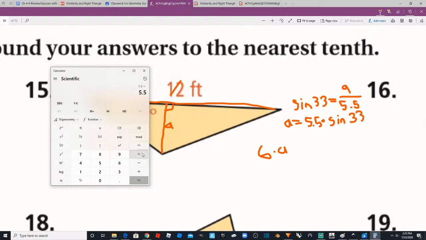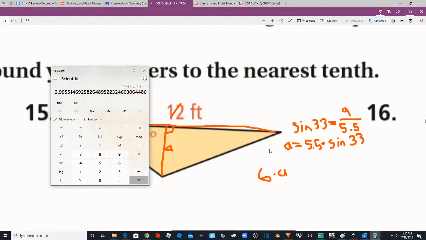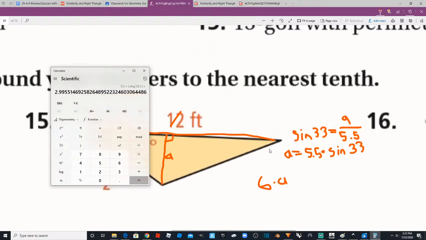So let's multiply that. 5.5 times sine 33 equals, basically, wait a minute.